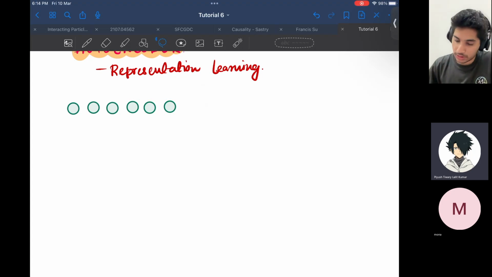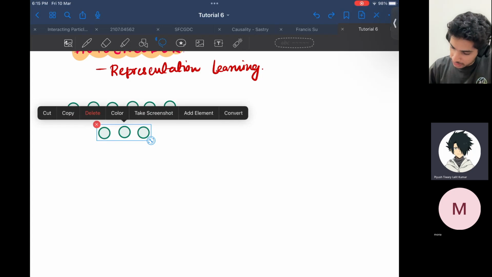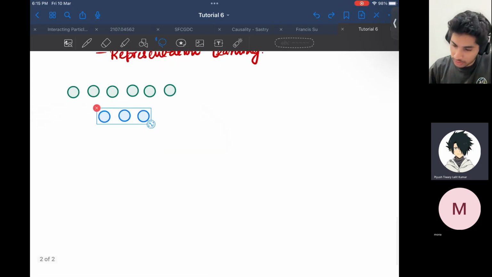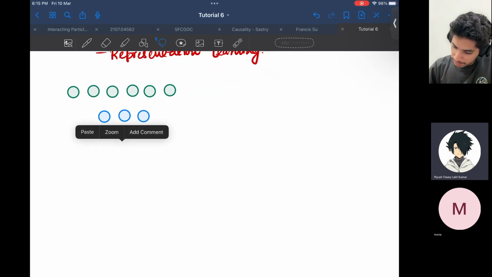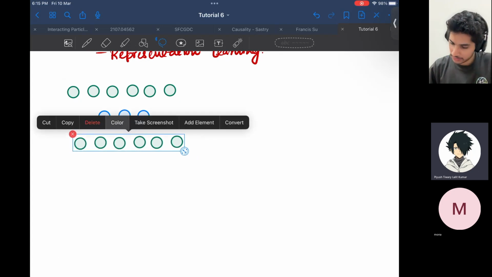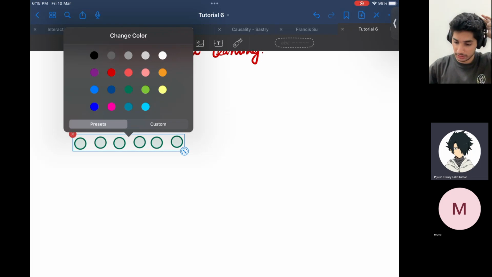This is my final layer. What I need is an intermediate. Just give me some time, I will draw it up quickly. Change the color of this to some blue. Again, copy this, paste it here, and change the color to maybe pink.